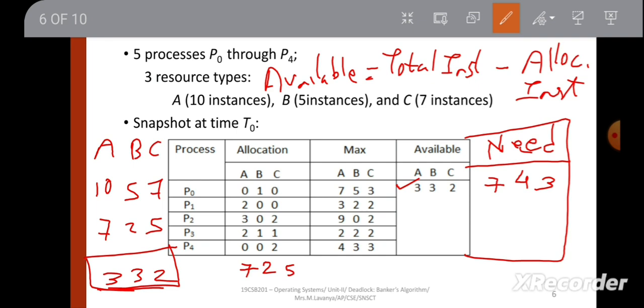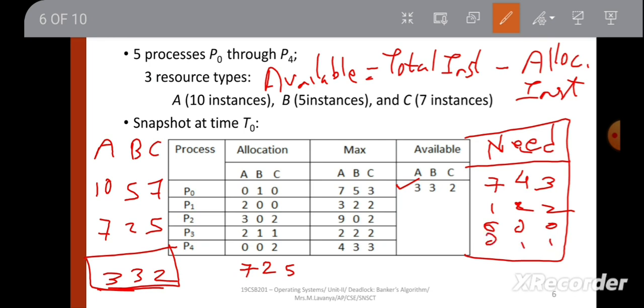Likewise, we have to find it for P1 to P4. For P1, it is 322 minus 200, which is 1, 2, 2. Then for P2, 902 minus 302 is 600. Then for process P3, 222 minus 211 is 0, 1, 1.